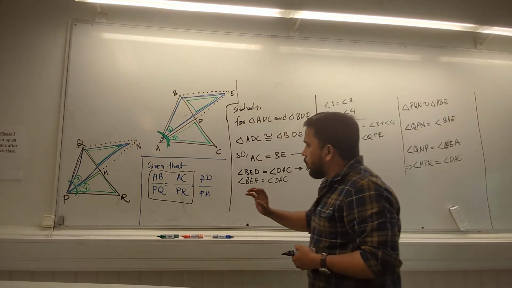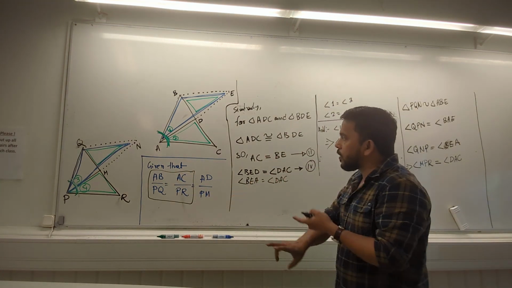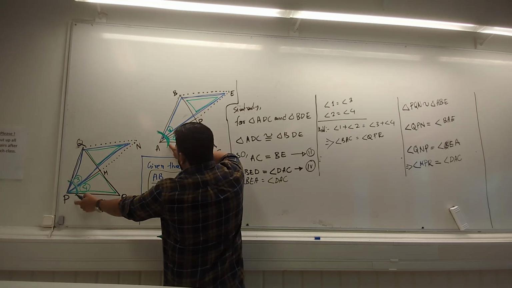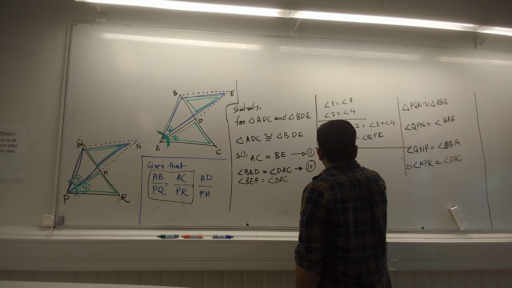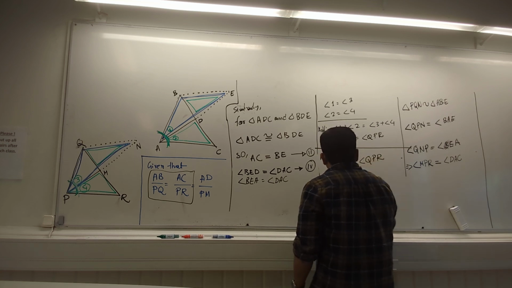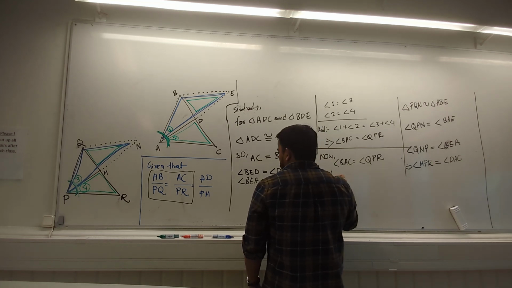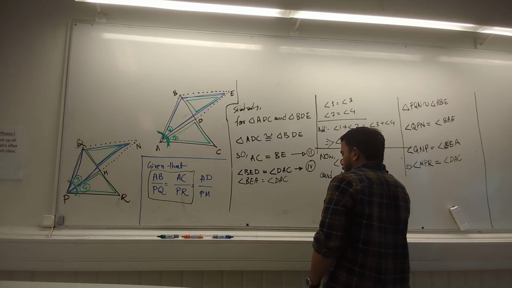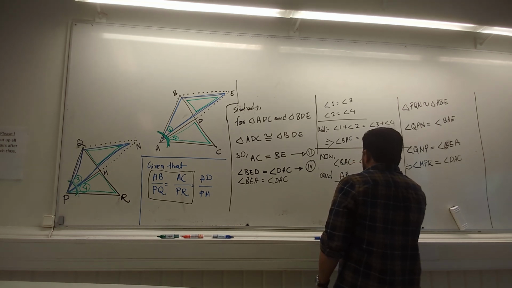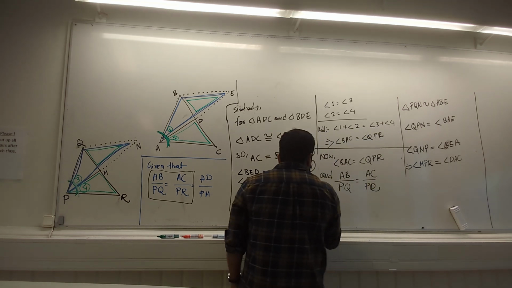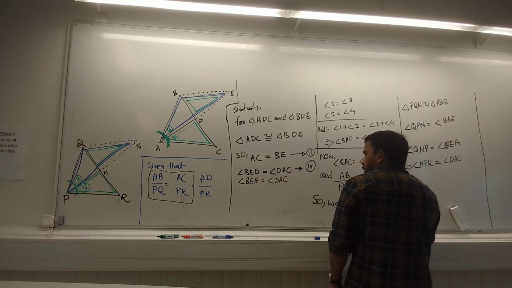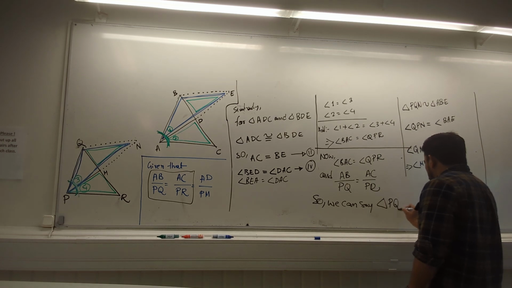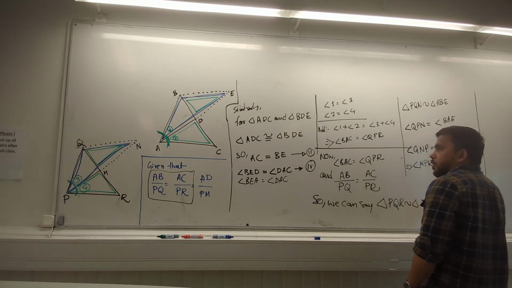But now we have the ratio of two sides, together with these two angles that are equal to each other. So you can say that now angle BAC is equal to angle QPR, and AB divided by PQ is equal to AC divided by PR. So we can say triangle PQR is similar to triangle ABC.